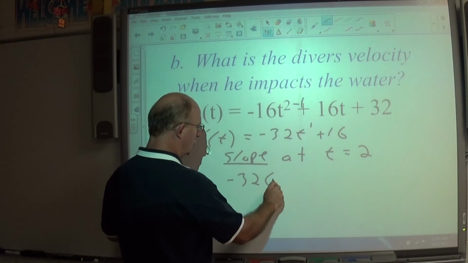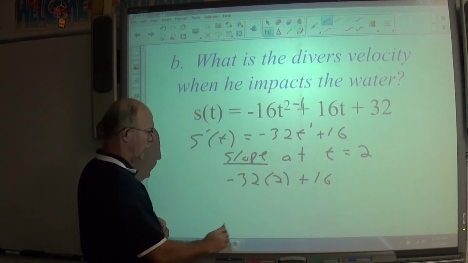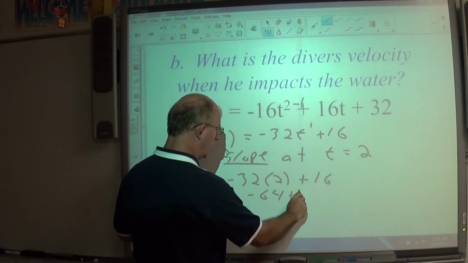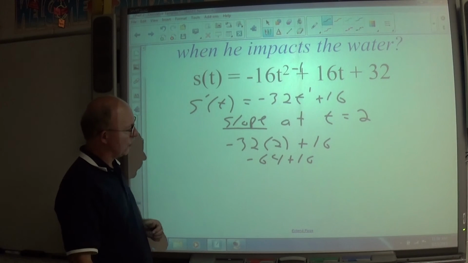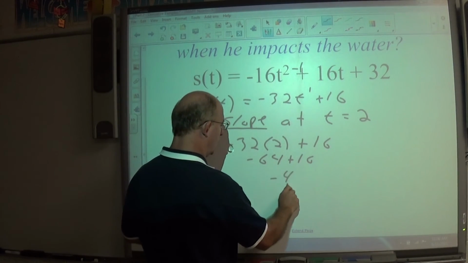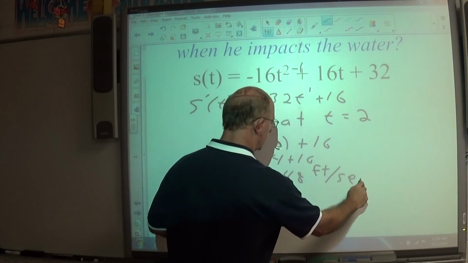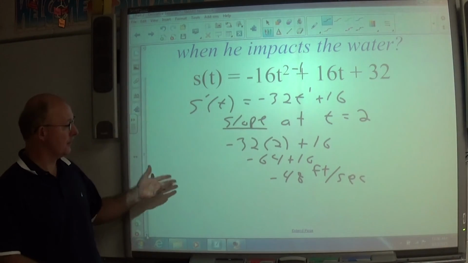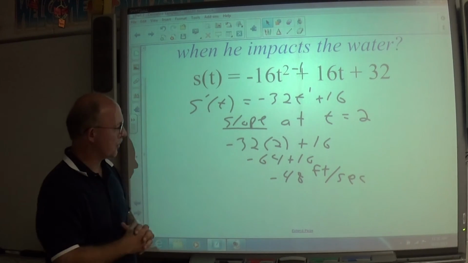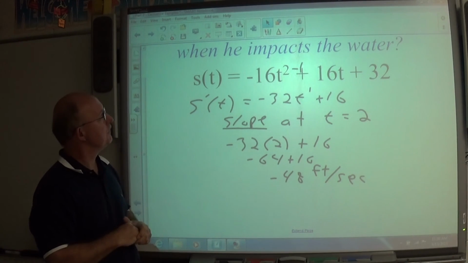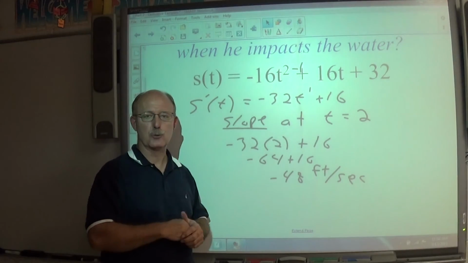It'll be negative 32 times 2 plus 16, which would be negative 64 plus 16, which is negative 48 feet per second. Another answer with negative 48. I didn't plan for 3 answers in a row to be negative 48, but that would be the instantaneous velocity when the diver hits the water.